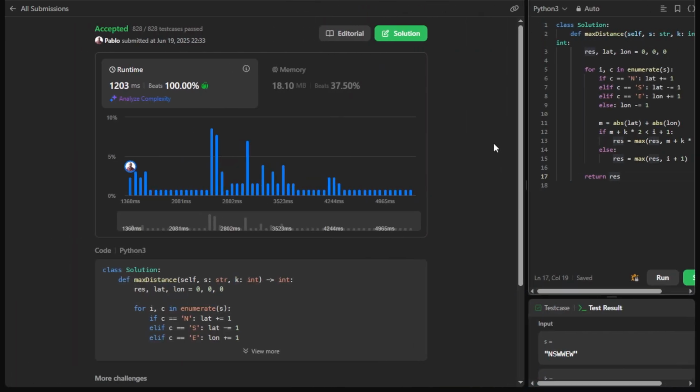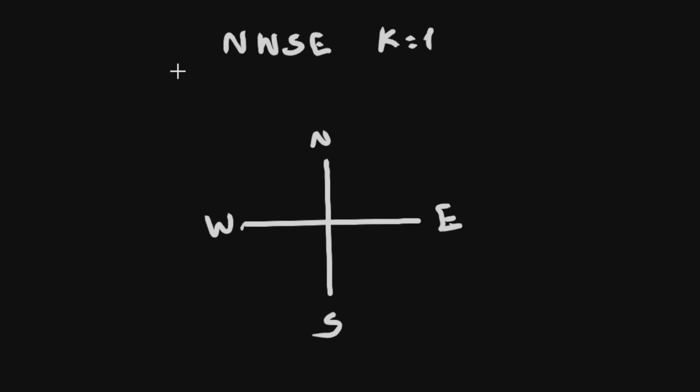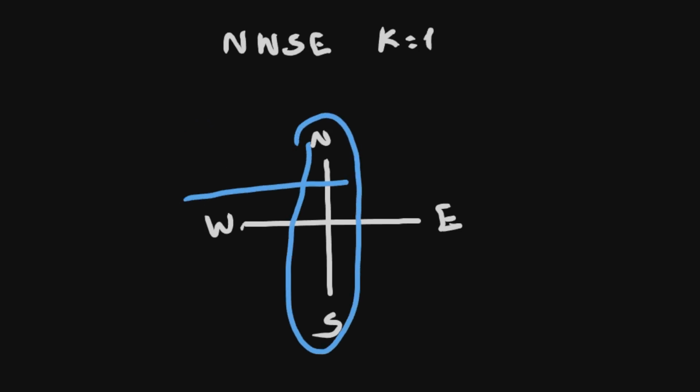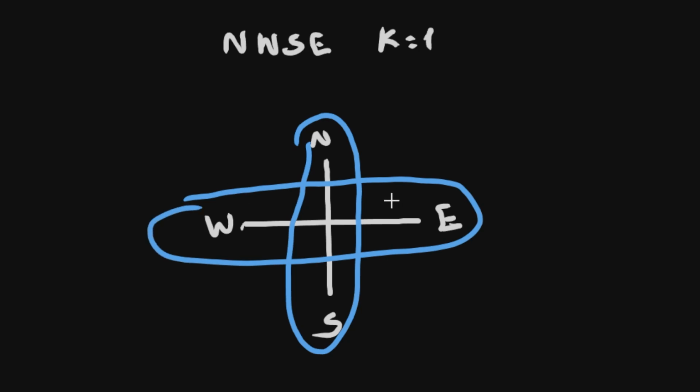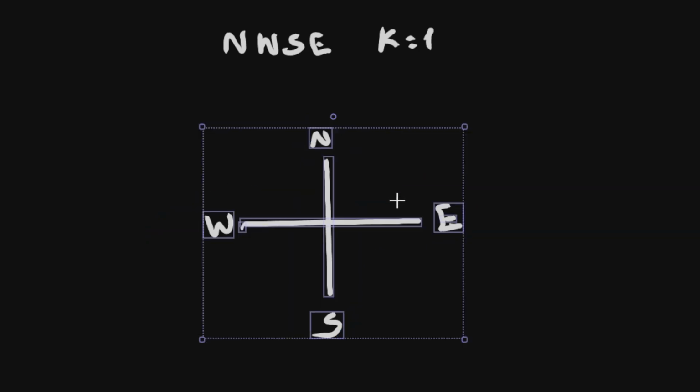So now let's go with the second approach. Now let's say we have this same example, and for this approach, we'll try to reduce this from 2 pairs of opposite forces to 1 pair of opposite forces. Let's see what I mean here.